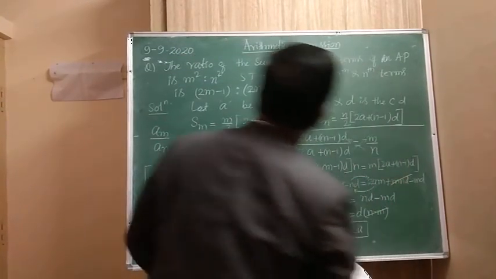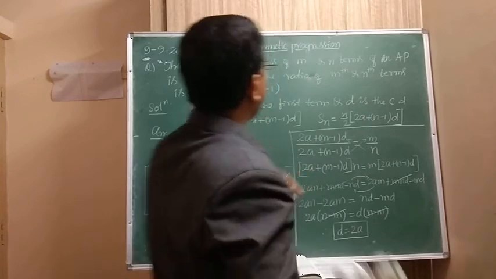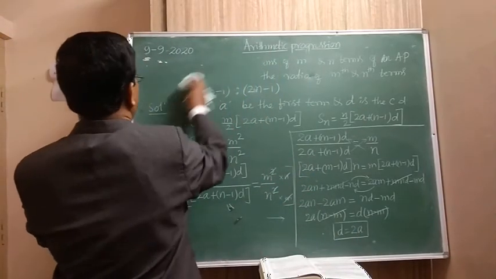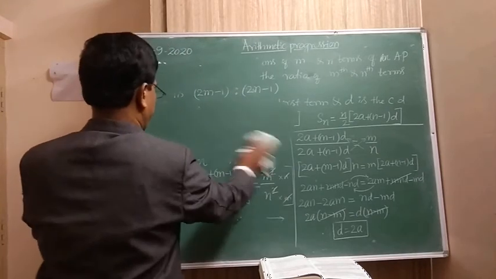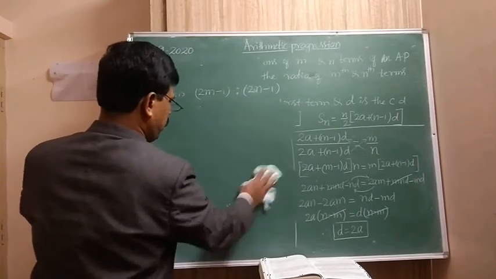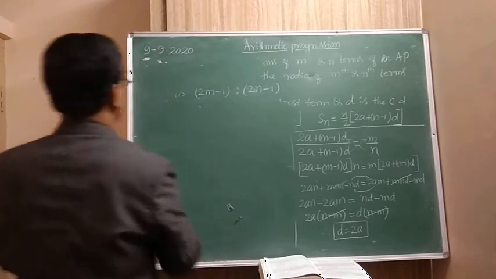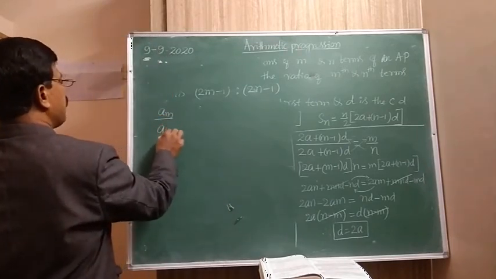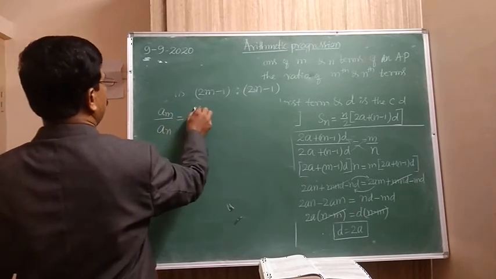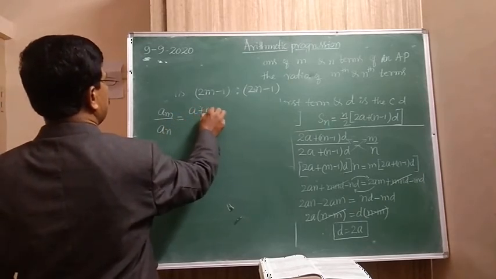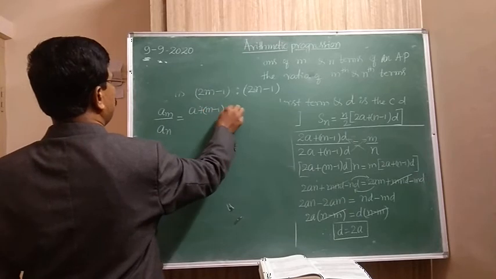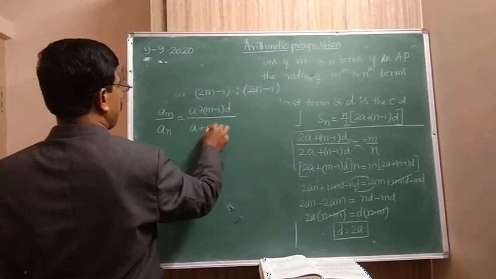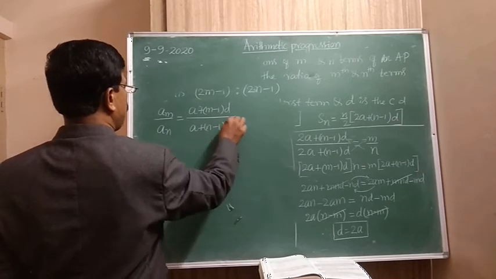Now what they asked is the mth and nth terms. Mth and nth terms means am by an is equal to a plus m minus 1 into d by a plus n minus 1 into d.